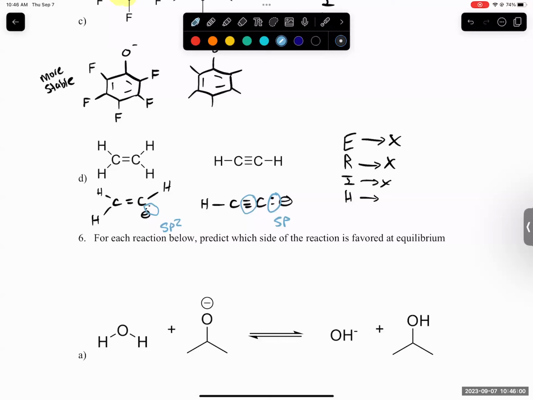This one has more s character, which means these electrons are closer to the nucleus, so they're more stable. Because it's a more stable conjugate base, what does that mean about the acid it came from? Exactly, more stable is also known as being weaker. Because it's weaker, that means it came from the stronger acid. So here we go. Stronger acid.